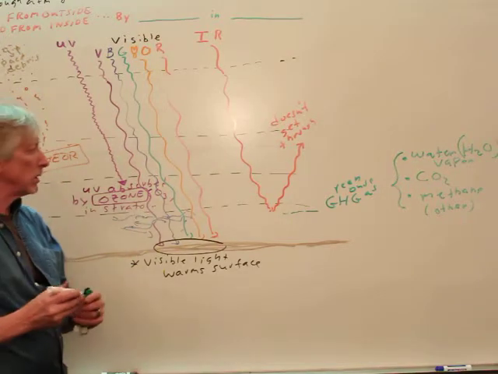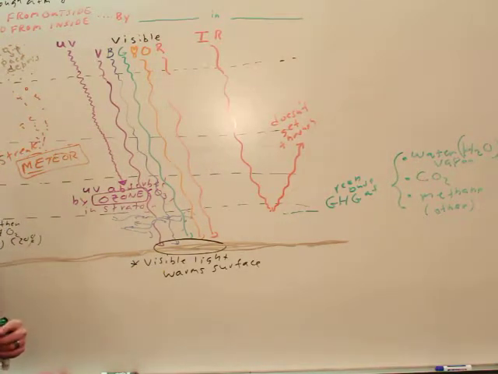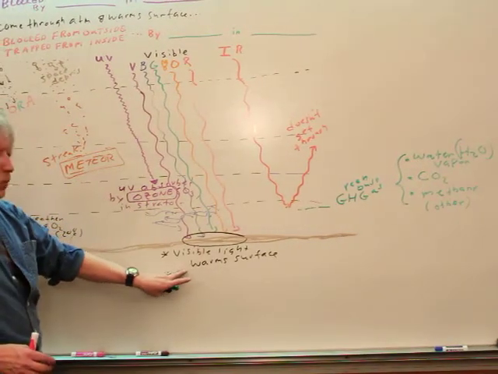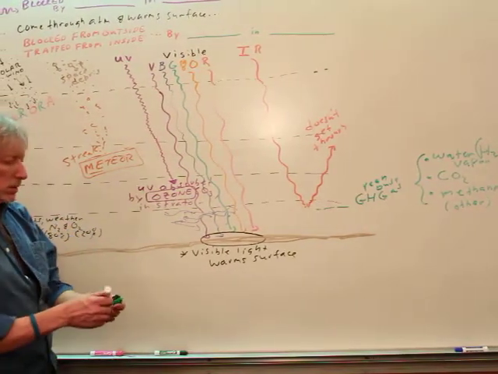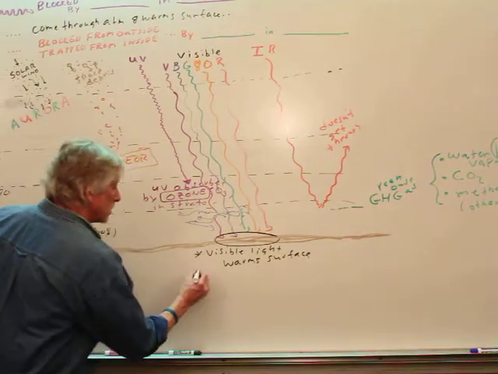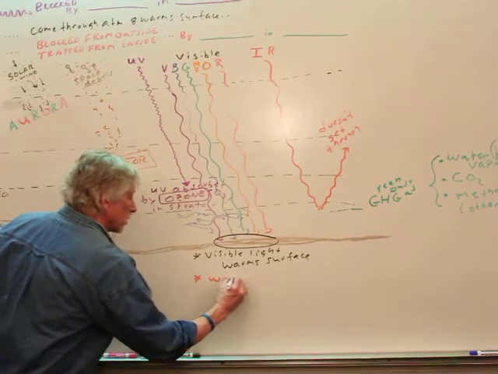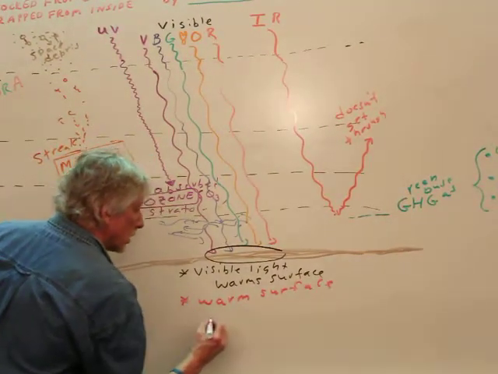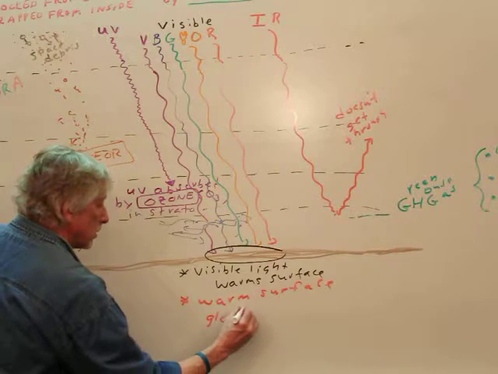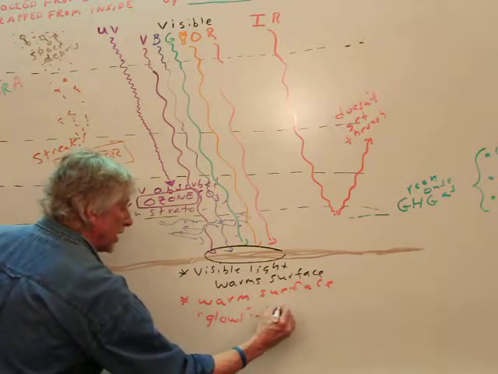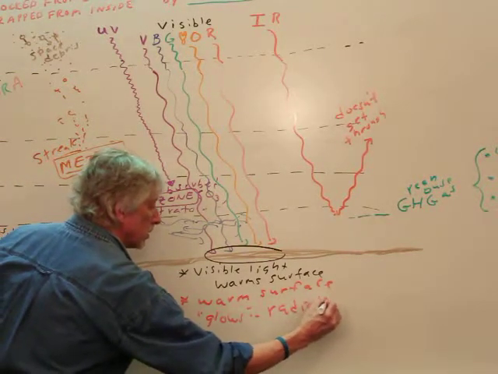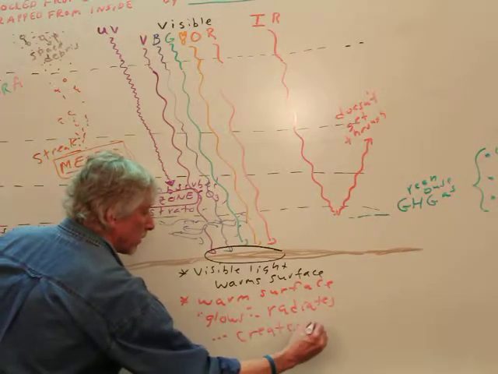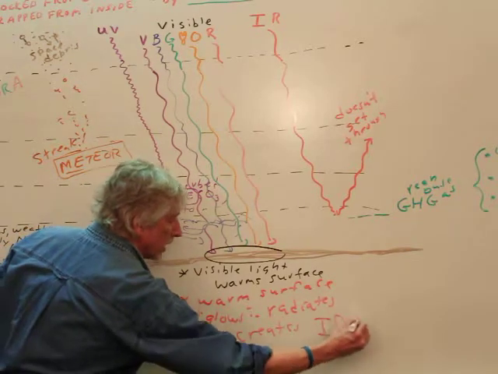But wait a minute. Where's the greenhouse effect? Visible light warms the surface. A warm surface glows, or radiates, or creates, however you want to think of it, infrared.